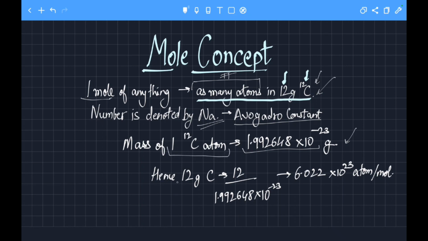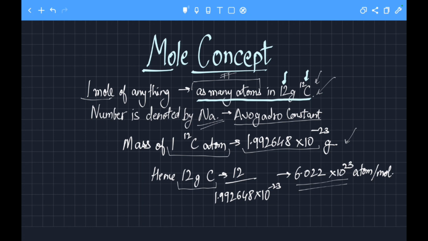Hence 12 grams of carbon atoms will have 12 divided by the mass. That comes out to be 6.022 into 10 raised to 23 atoms per mole. So this number 6.022 into 10 raised to 23 is the Avogadro constant, or Na.